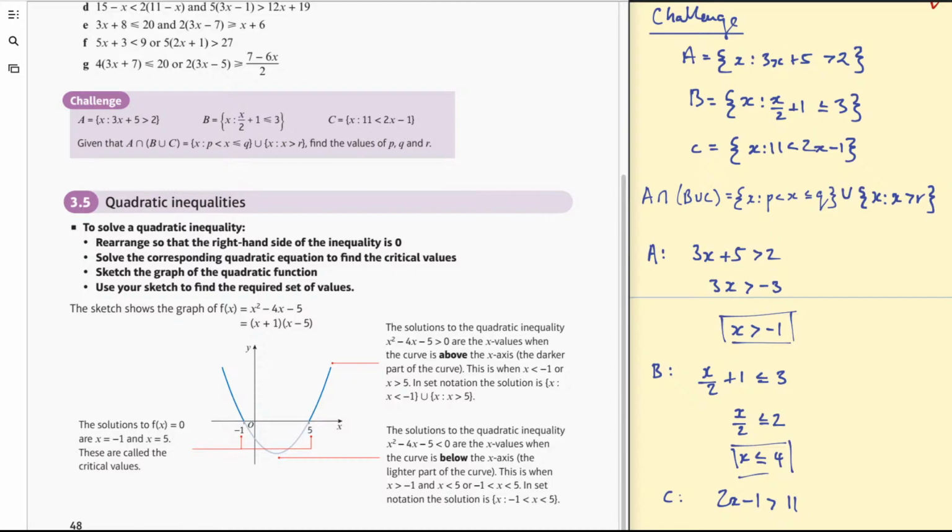Okay, doesn't show up when I search quadratic inequalities. That's rude. Come on, YouTube. Actually, let's see. Hello, Emma.